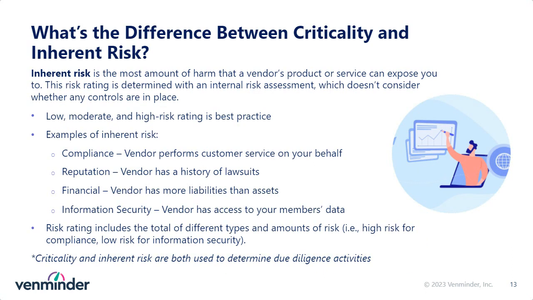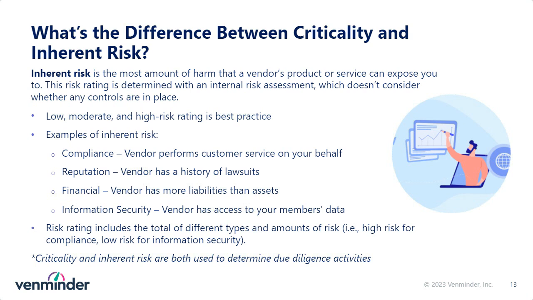Inherent risk is a little more complex than criticality and is usually measured on a scale of low, moderate, and high. This depends on a variety of factors, such as the vendor's access to data or whether it interacts directly with your members. A debt collections vendor that directly communicates with your members would likely be considered high risk because this vendor is essentially representing your credit union and acting on your behalf.